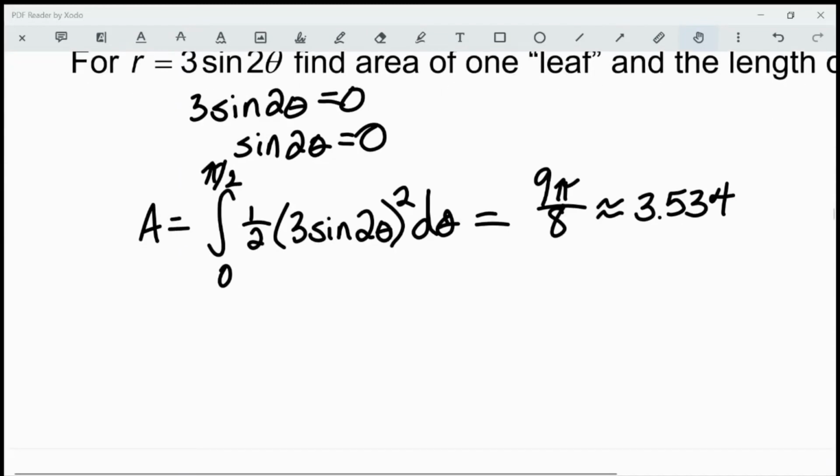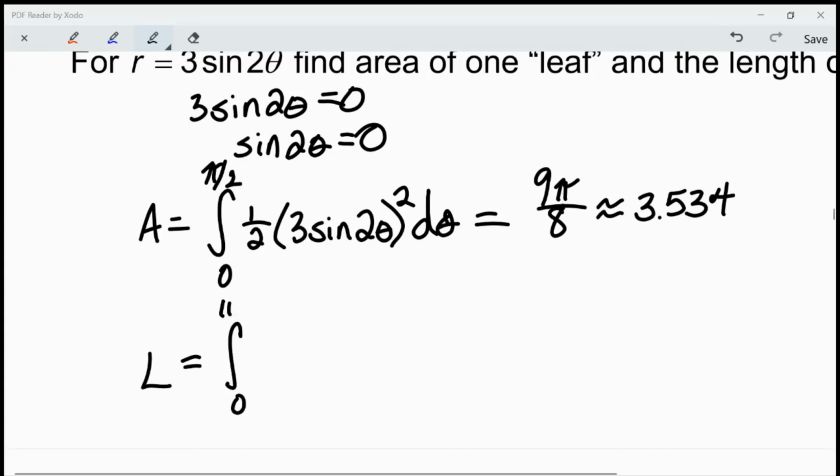All right, so the other thing they asked us to do here was to find the length. For the length, I know I'm going to integrate from 0 to pi over 2 again. And remember, we need to know what our r squared is, and we need to know dr d theta. So I'm going to take the square root of my r squared, which would be 3 sine 2 theta, squared.